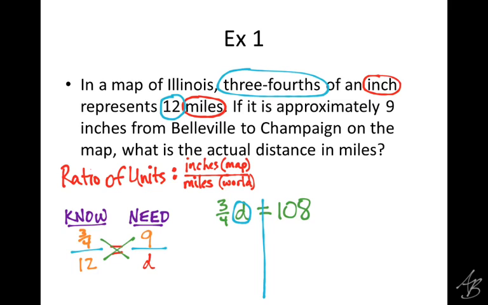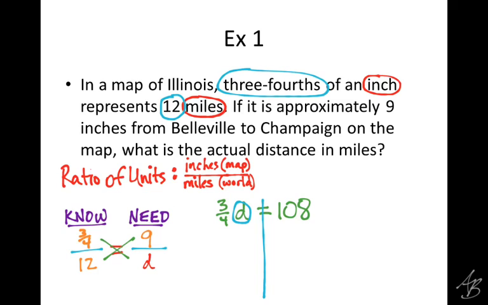But we're going to divide by 3/4, right? But dividing by 3/4, remember what you do when you divide by a fraction? Multiply by the reciprocal. You guys remember KFC? Keep one, flip the other, and then change to, what are we changing? From division into multiplication.